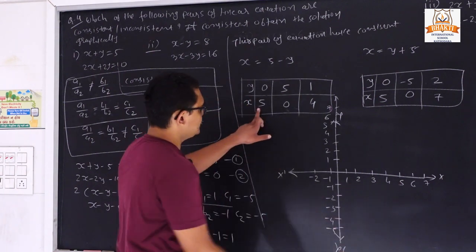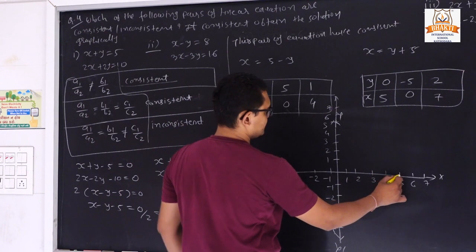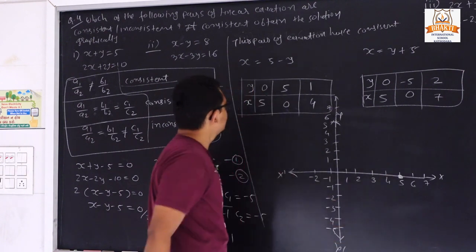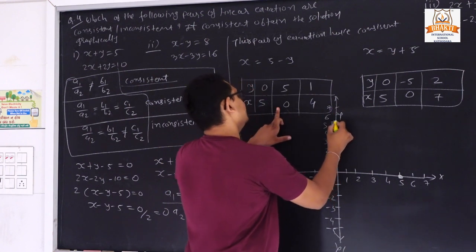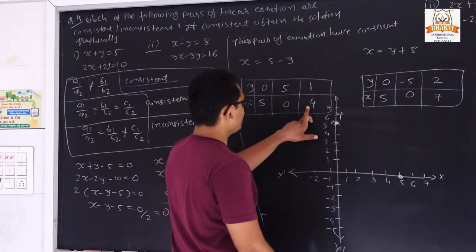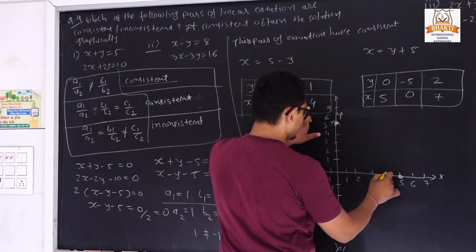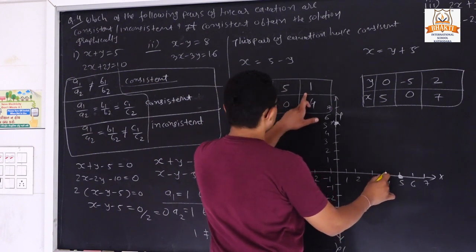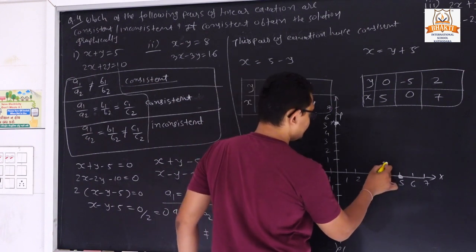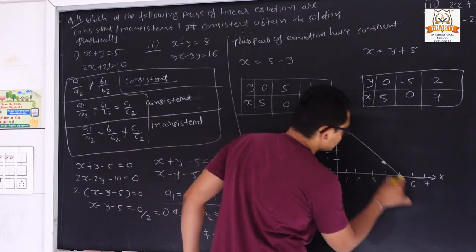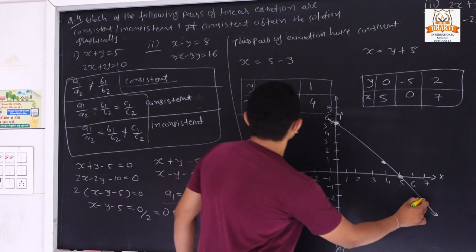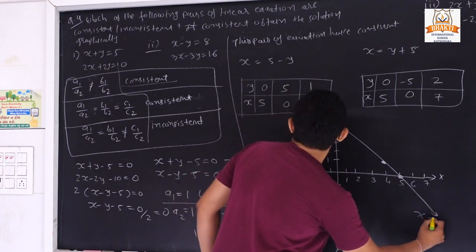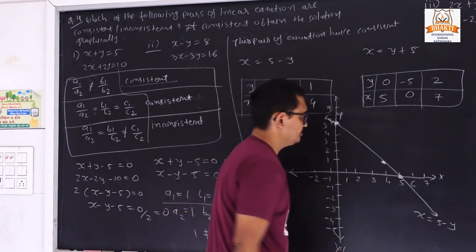Now first x is 5, then y is 0, so it is here. Then x is 0, then y is 5, so it is here. Then x is 4 and y is 1, so it is here. So the graph is like that. So this is the graph for x is equal to 5 minus y.